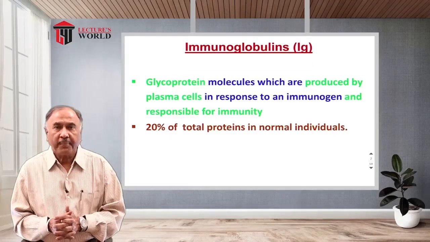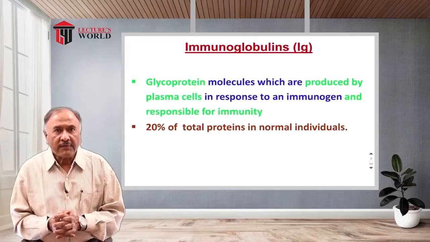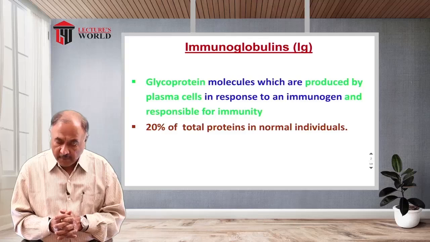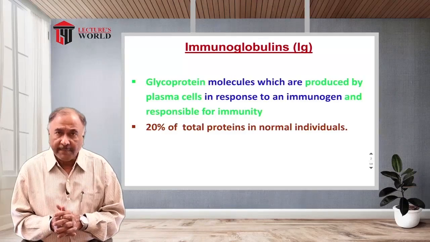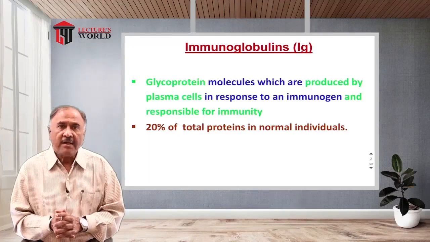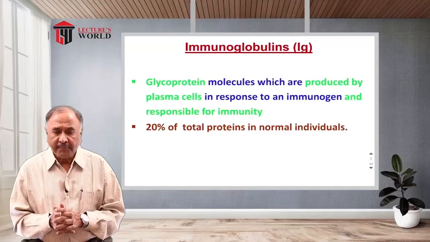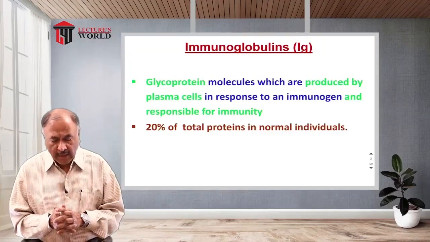So again, if I define it, it is a glycoprotein molecule which is produced by plasma cells in response to immunogen and is responsible for immunity. So this is the definition of immunoglobulin.